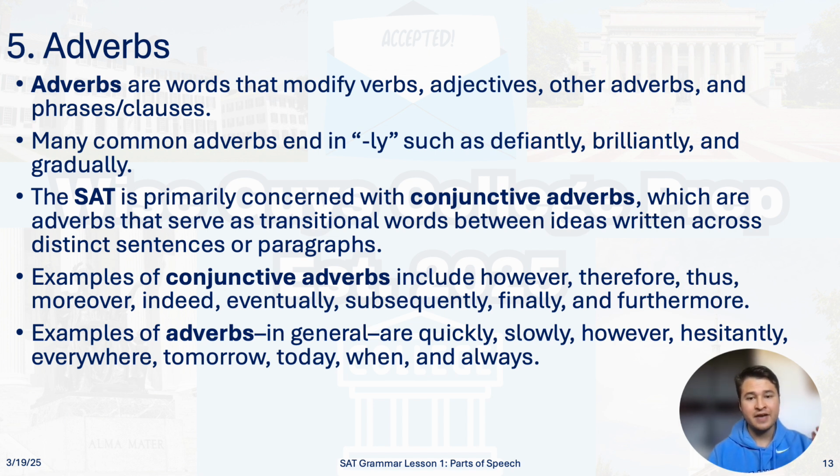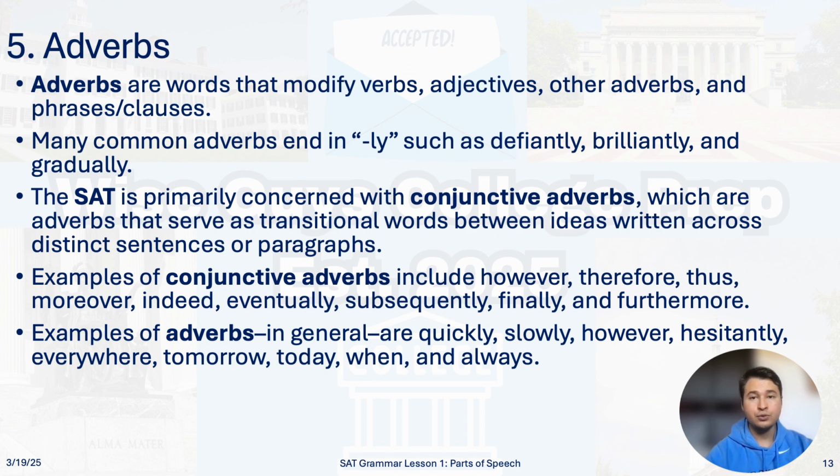Examples of conjunctive adverbs include however, therefore, thus, moreover, indeed, eventually, subsequently, finally, and furthermore. Examples of adverbs in general are quickly, slowly, however, hesitantly, everywhere, tomorrow, today, when, and always.